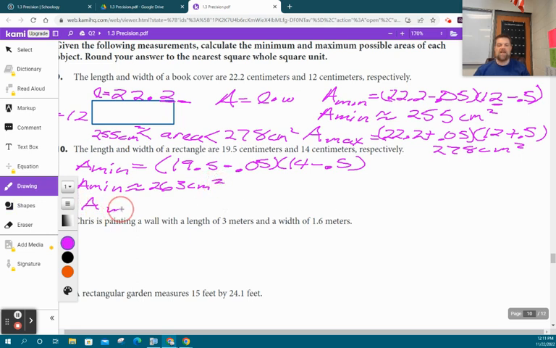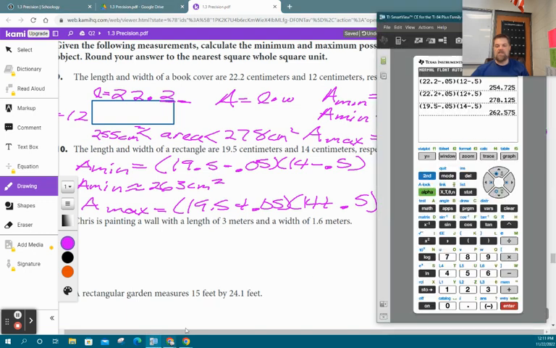Now let's do the area max. My area max is going to be the same thing, but instead of subtracting, I'm going to add. So I'm going to say 19.5 plus 0.05, and then multiply that by 14 plus 0.5. It's so hard to write this on the tablet. So now I'm going to do the exact same thing.